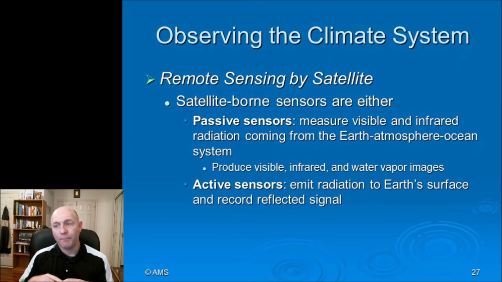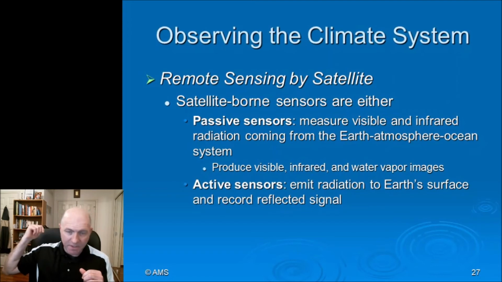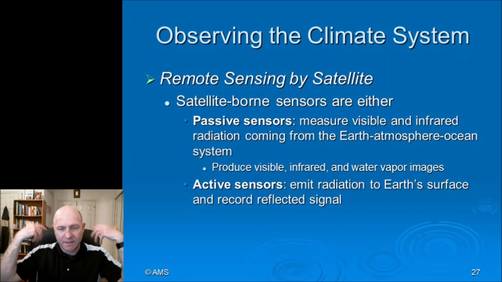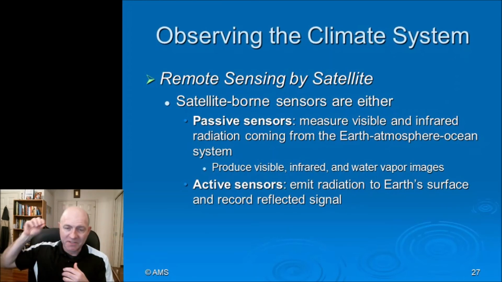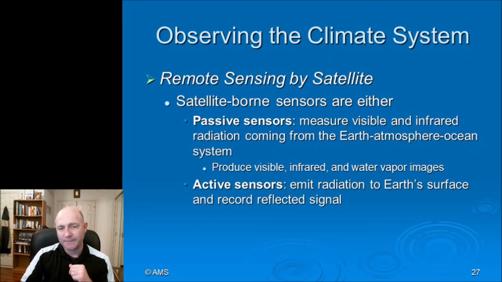But there are also active sensors, which will send energy down to the Earth and then wait for something to bounce back, kind of like a radar. So you send down some kind of energetic pulse and then wait to see what comes back. Passive is just up there sensing the natural energy that's coming off the Earth. Active, like radar, is sending some kind of signal down toward the Earth and seeing what bounces back.